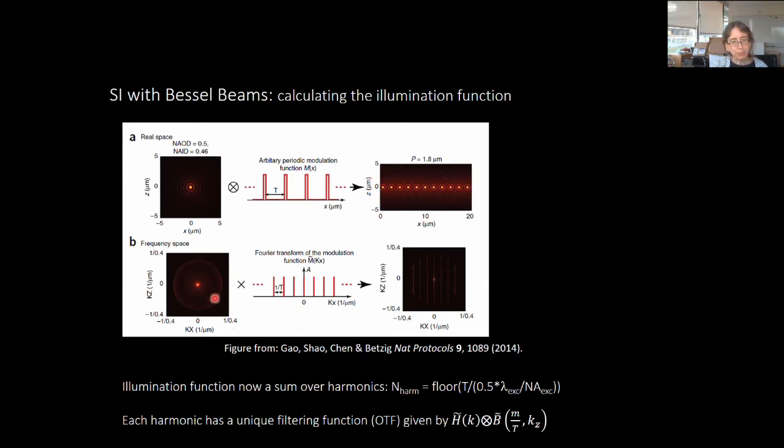And looking at that in frequency space, the Fourier transform of the Bessel beam is not just an annulus, because this is actually a Bessel-Gauss beam, because we're getting a finite amount of light through there. And so it's got a big DC component in the middle and then a bright annulus at the outer edge. And the Fourier transform of our modulation function is a series of delta functions at 1 over the spacing of the original modulation. And you get this picture out. So this is the Z direction, and this is the X direction.